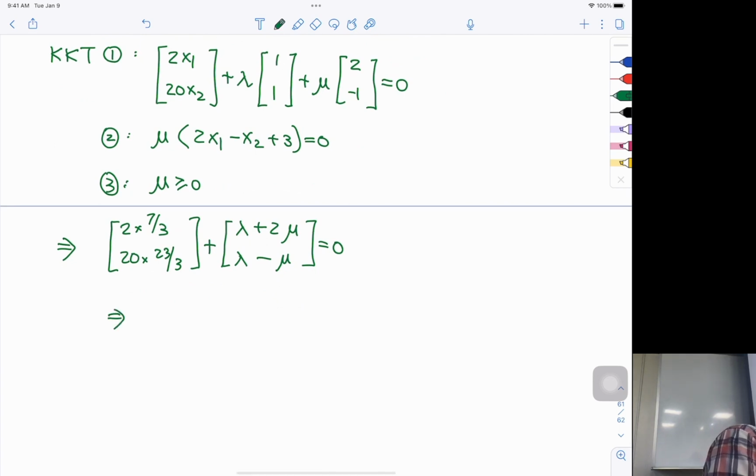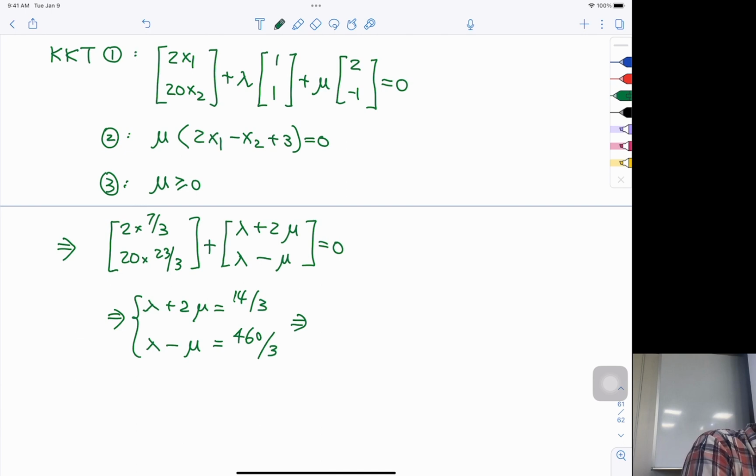I actually end up with lambda plus 2 mu and lambda minus mu equal to, this is 14 over 3, this is 460 over 3. So I can actually solve for mu, the bottom one minus the top one. Then I would have negative 3 mu. Oh, it's wrong.